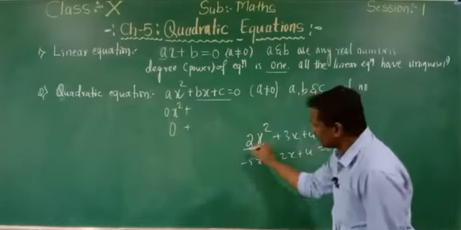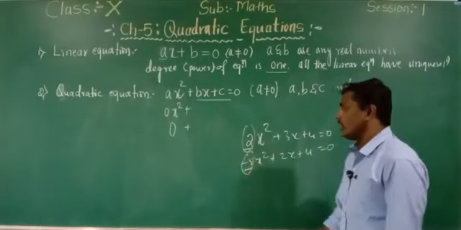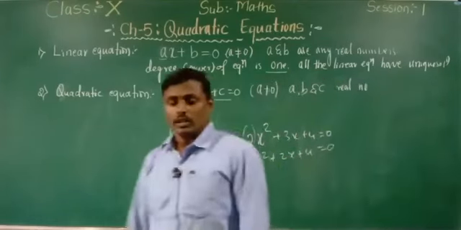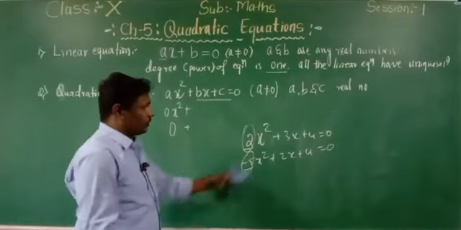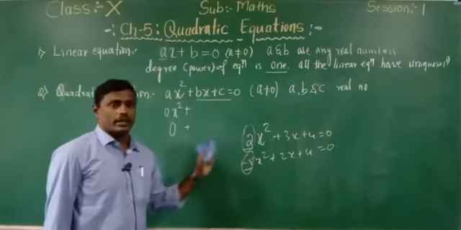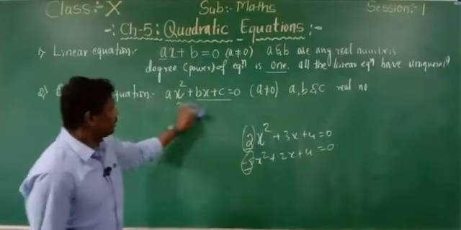Here 2 and minus 5 are the values of a, or coefficients of x square. In the quadratic equation, the coefficient of the x square term is always a nonzero real number, whether positive or negative.